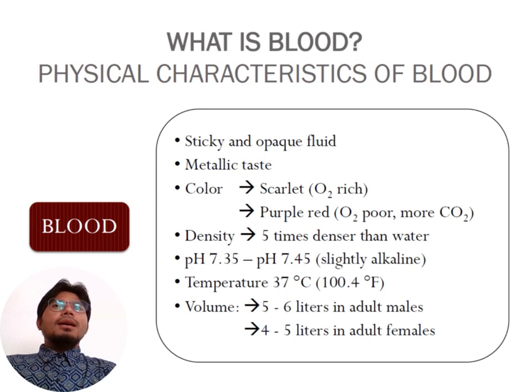In terms of pH and temperature, both work at an optimal pH of 7.35 to 7.45 and a temperature of 37 degrees Celsius. If something happens to our body that causes an increase in those parameters, for example temperature, it will disturb the normal physiological function.